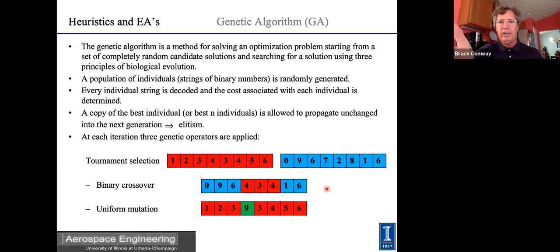It can be binary. This one is not binary, but it's the same idea. Suppose in this case, we have strings that are 8 elements long, and you create some large number of them, maybe 500 of them. And each one can be decoded to tell you something about the space mission, and it can be decoded and give you a cost.